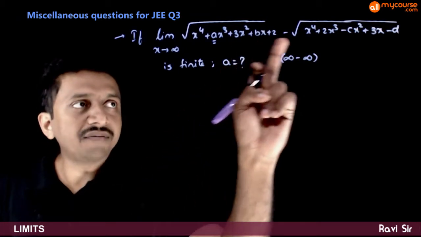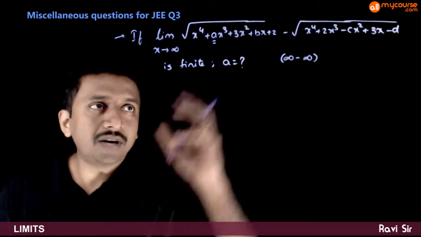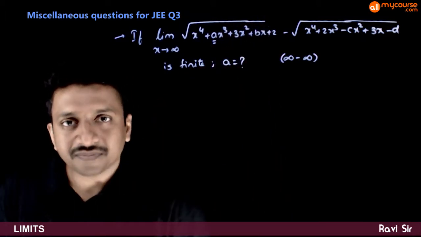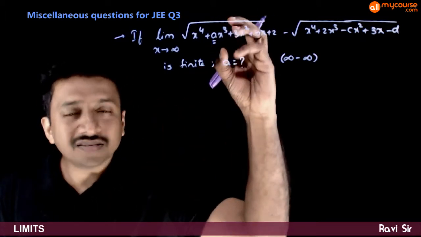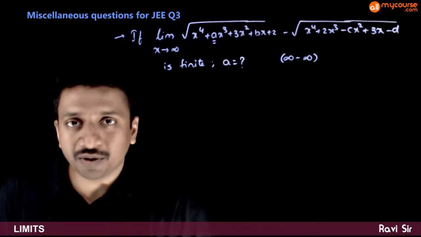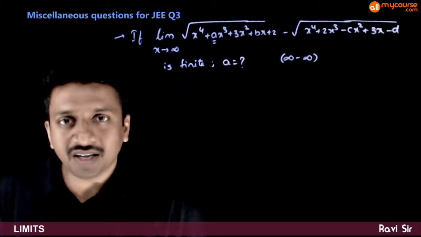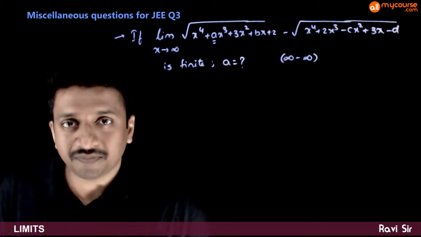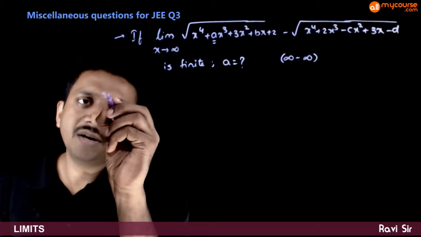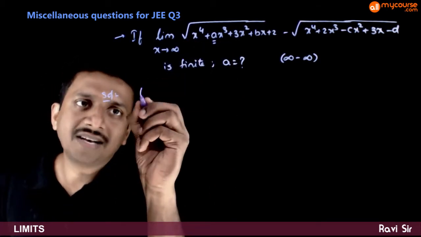Whenever you have the infinity minus infinity form, what you try to do is rationalize this, bring this into something by something. That's the usual process that we follow, because there is no direct process to deal with infinity minus infinity type of indeterminacy. So first I'll try to rationalize this.